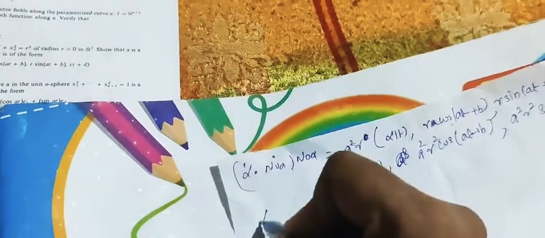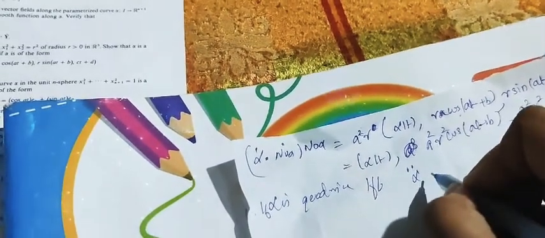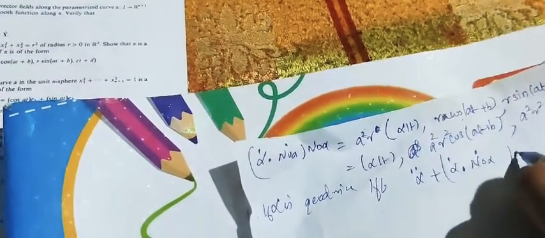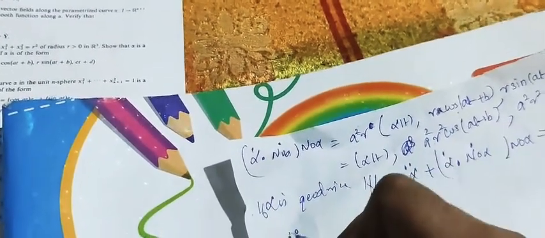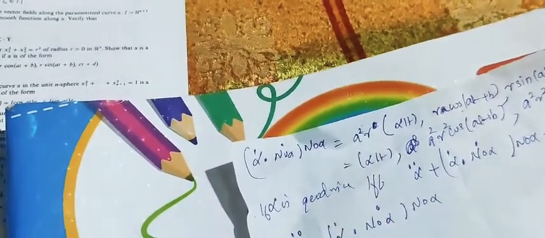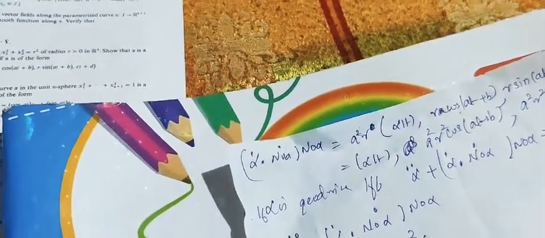So alpha is geodesic if and only if it satisfies this equation: alpha double dot plus alpha dot n composition alpha dot into n composition alpha equal to 0.